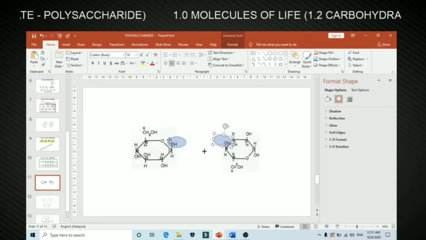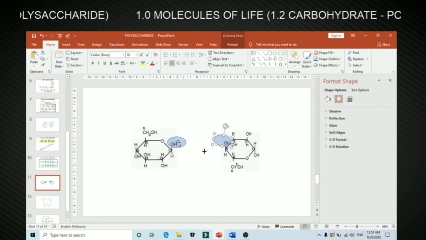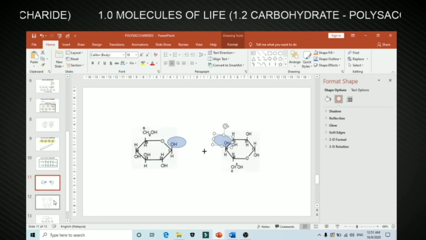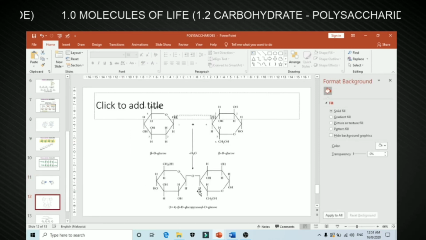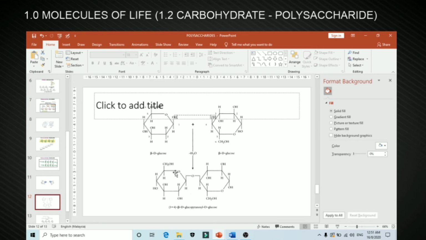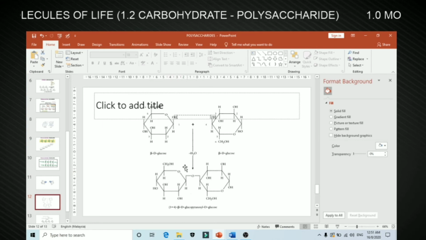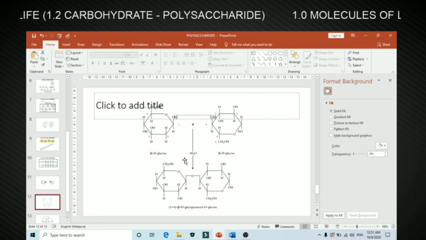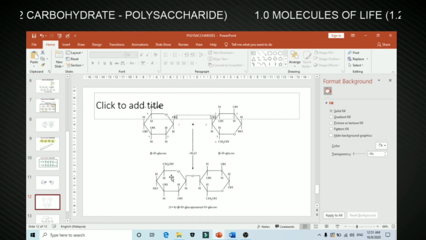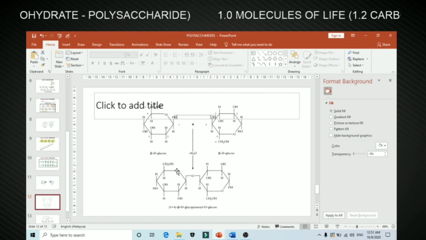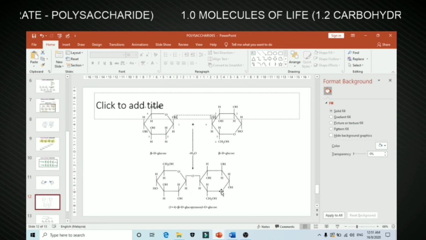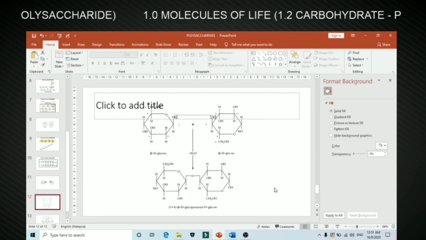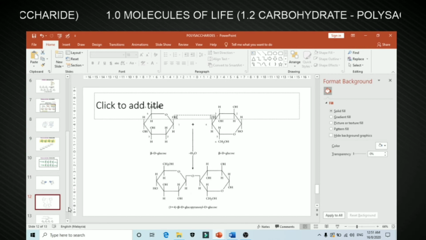So the reaction can occur at the same level. So the product is that the oxygen from the first beta glucose and the second beta glucose is flip-flop. Okay, this one is upside, this one is downside, and yeah, upside, downside. That will be continuous.